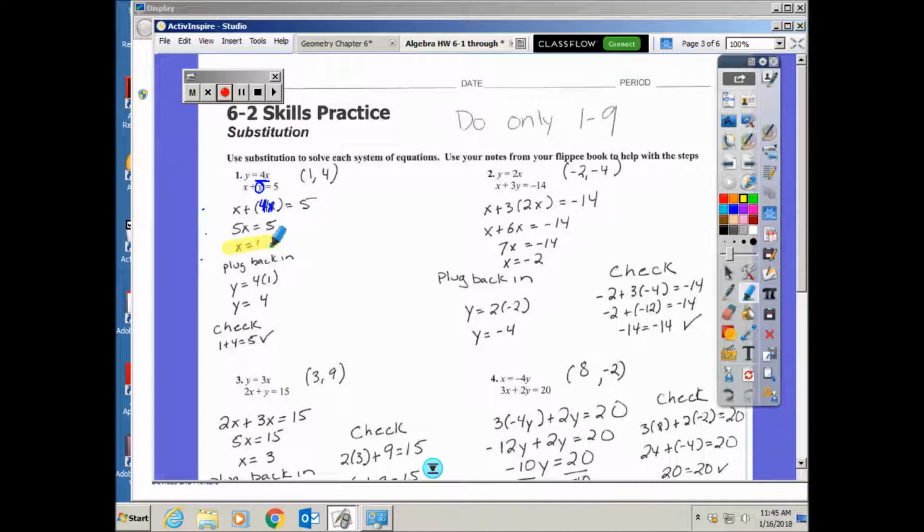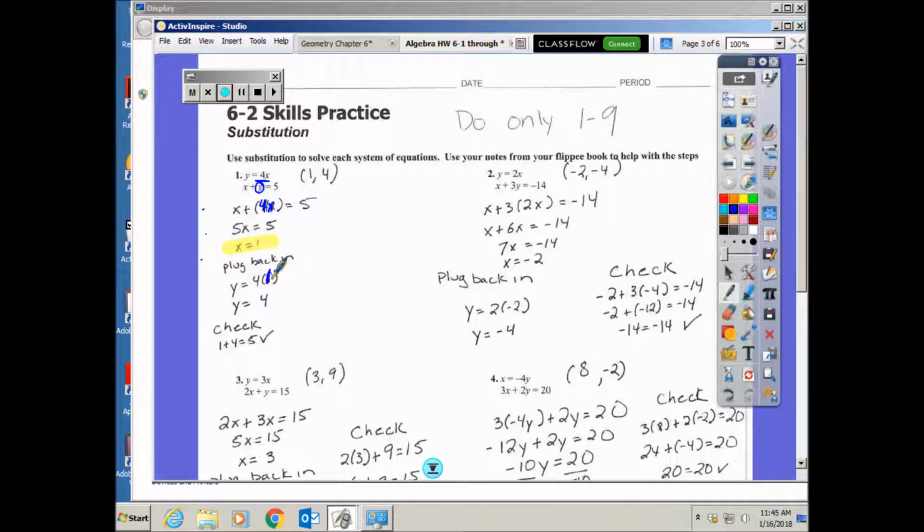We solved. We got x equals 1. So now our second part of our substitution, we're going to take that 1 and substitute it back into the original equation. So the original equation was y equals 4x. Now we have y equals 4 times 1, because that's what we got.